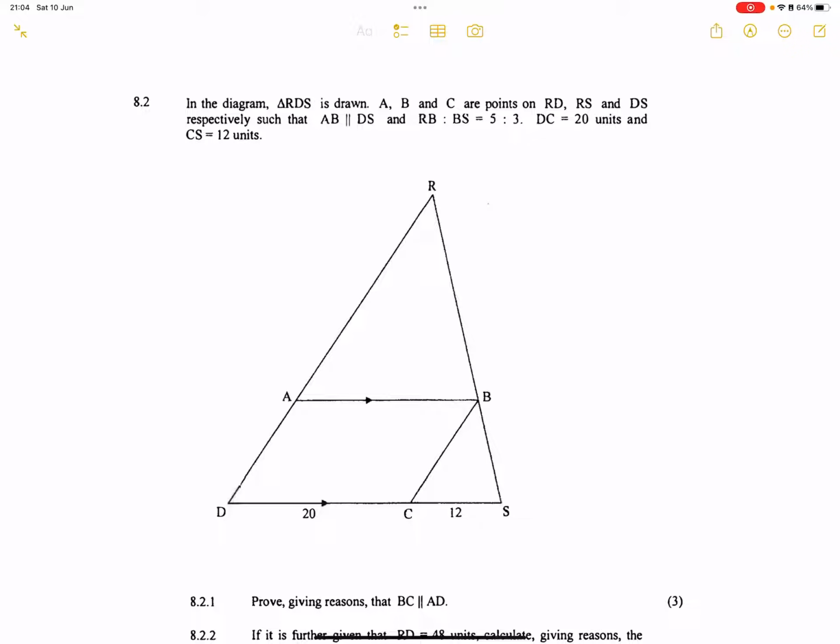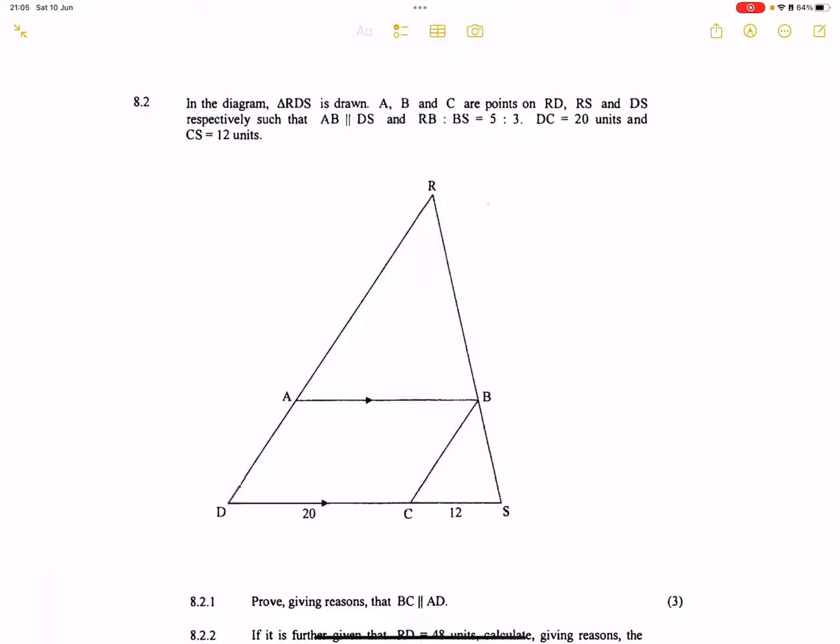So they say in the diagram we've got triangle RDS, which is drawn. ABC are points on RD, RS, and DS respectively, such that AB is parallel to DS, as they have indicated there.